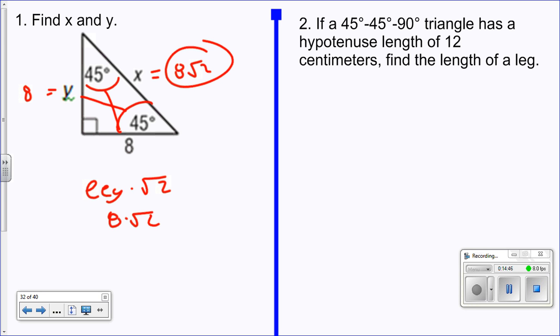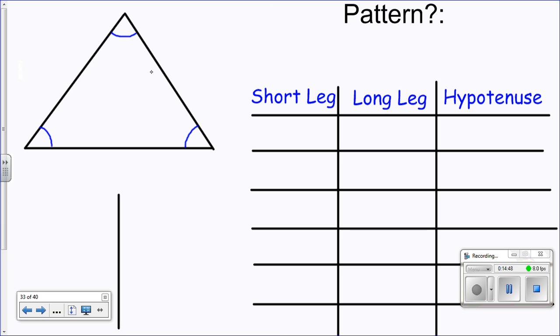Now let's talk about the other special right triangle. So in order to do that, we're going to use an equilateral triangle. And remember, in an equilateral triangle, each angle is 60 degrees.